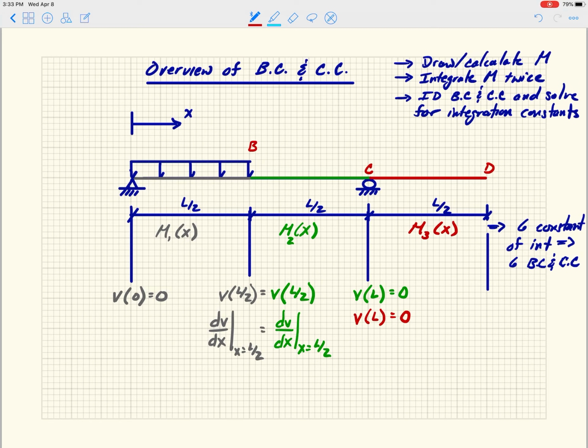So a boundary condition, I use them not interchangeably, but I always sort of group them together. So a boundary condition is something like V of 0 equals 0, V at L equals 0, right? I'm telling you precisely what the displacement or the slope is at a point. Then the continuity condition, what I'm doing is I'm telling you how these two elastic curves connect together, right?